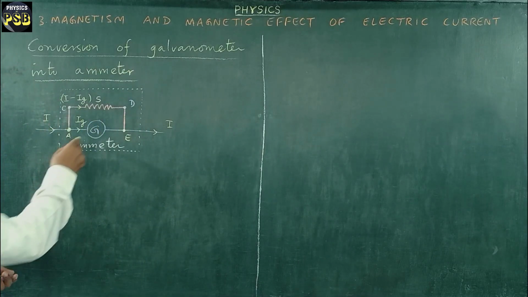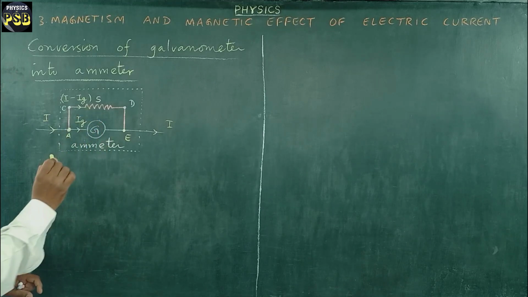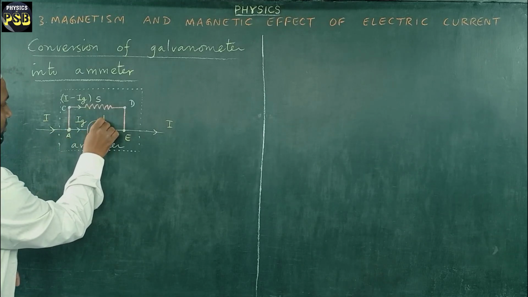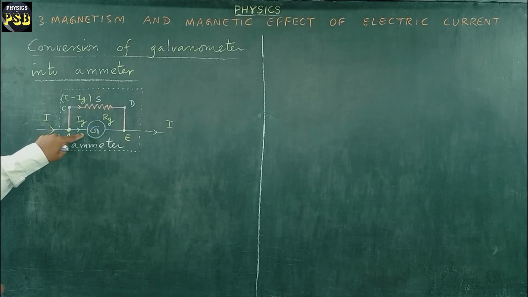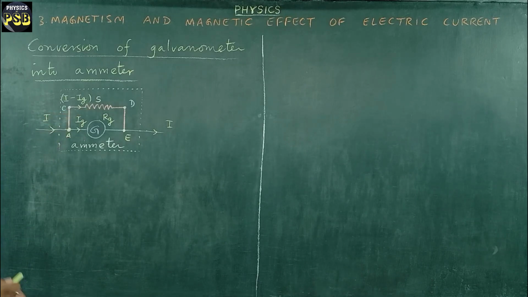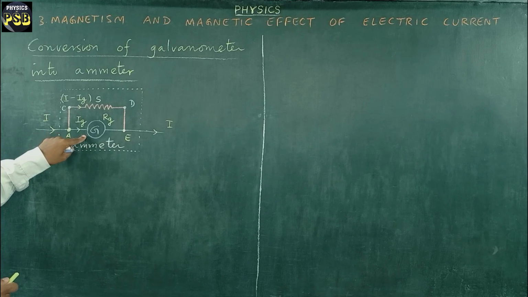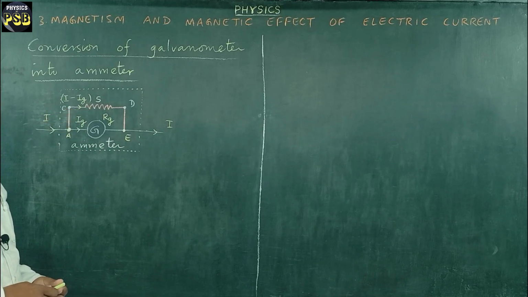The galvanometer also provides a certain resistance to the flow of current, which is represented as Rg. As the galvanometer is connected in parallel to the shunt resistance, the voltage across the galvanometer and the shunt resistance will be equal to each other.